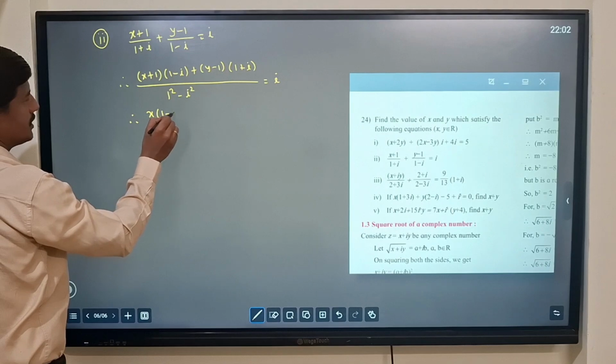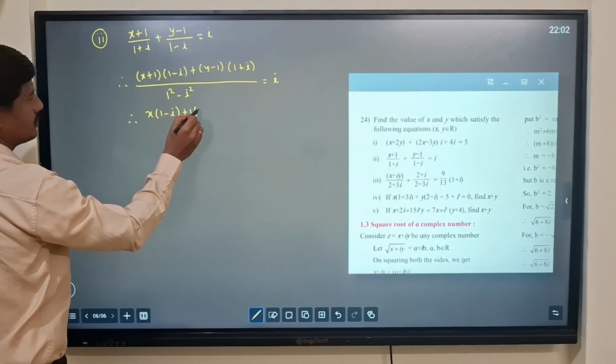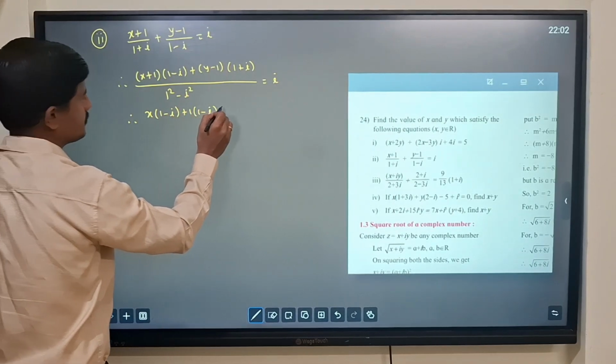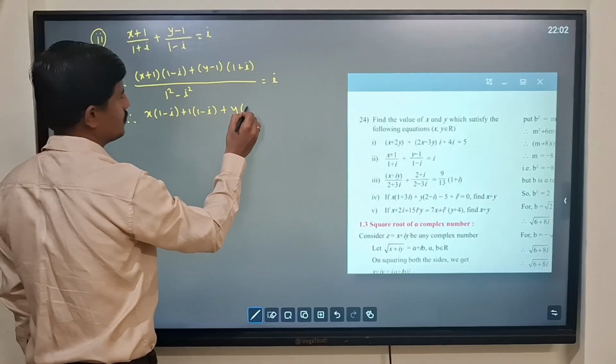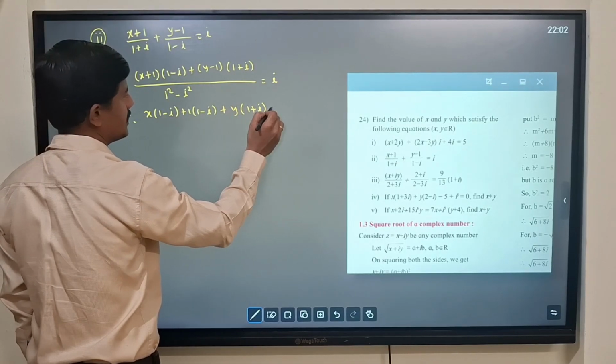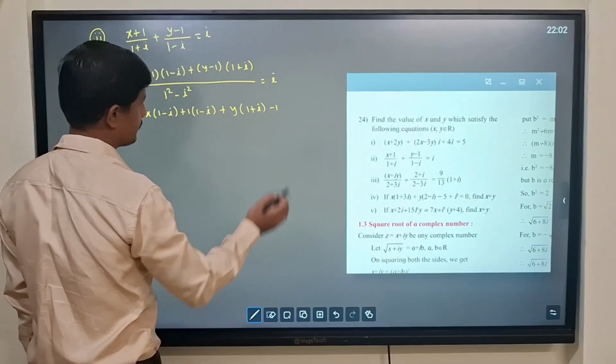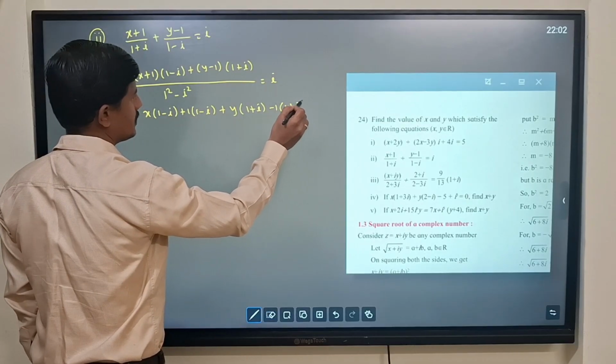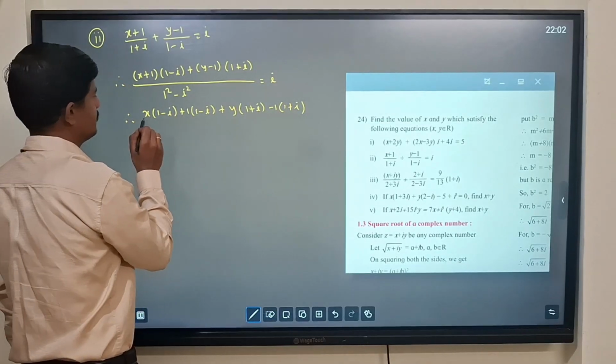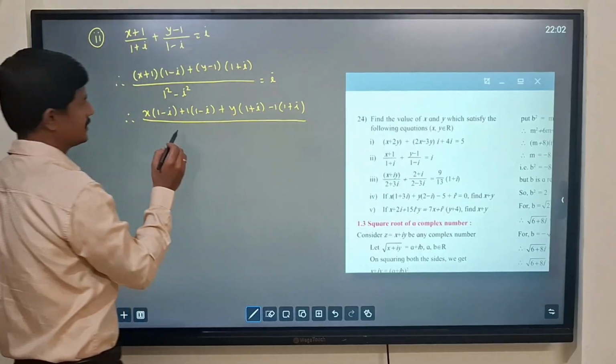x into 1 minus i plus 1 into 1 minus i, here plus y into 1 plus i, this is minus 1 into 1 plus i. Okay, if you don't write this one, it's okay. I wrote it down for your understanding purpose.